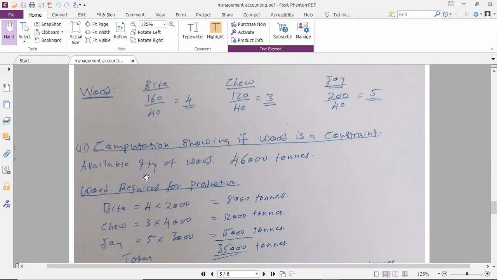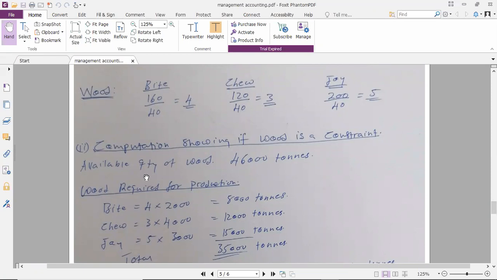Now, for us to see whether wood is a constraint, or wood is going to be a challenge in the production of Bite, Chew, and Joy, we must know how much wood we need to produce the total quantity of bite we need for the month.